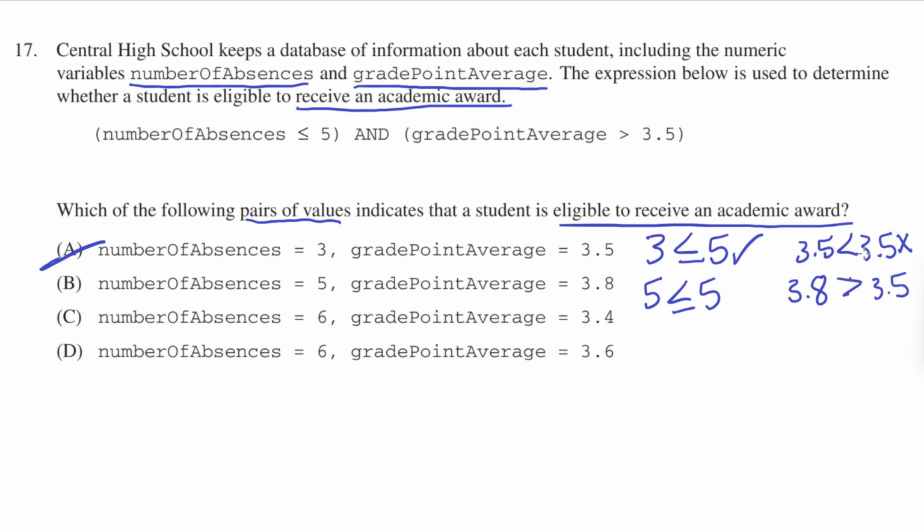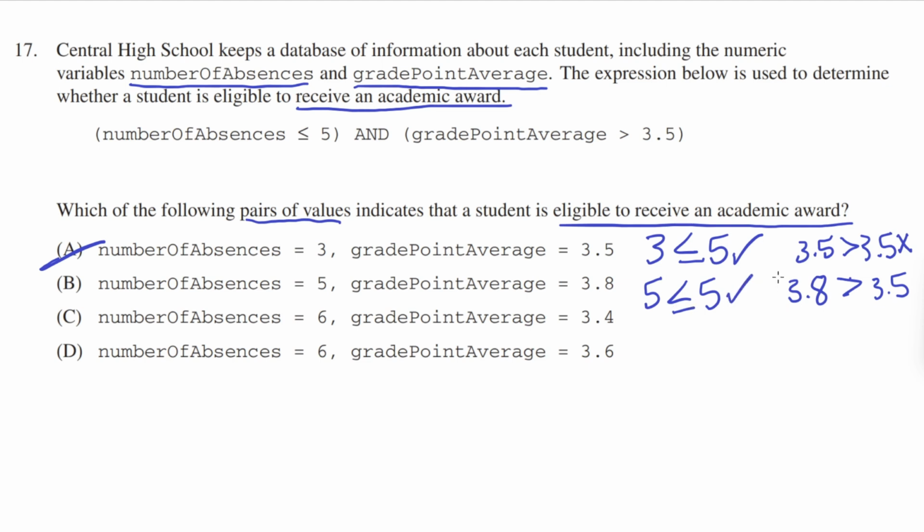So that's good. Oh, it made a typo up here. This should be a greater than symbol. In this case, it doesn't really matter because 3.5 is not less than or greater than 3.5. It was equal to, so it doesn't change the answer for A. Back to B, here 3.8 is greater than 3.5.